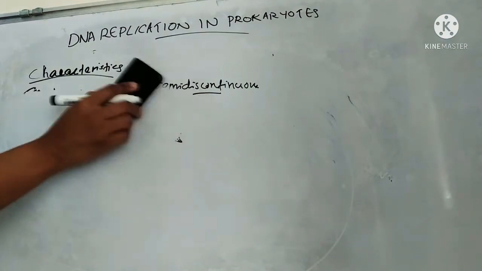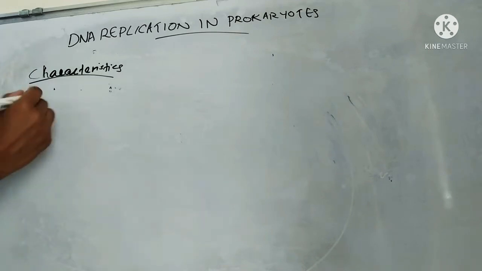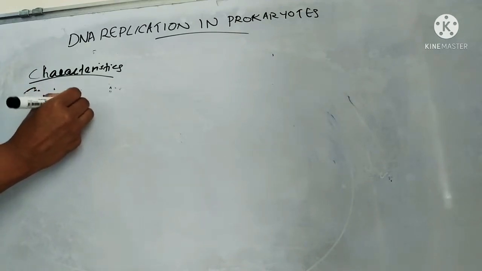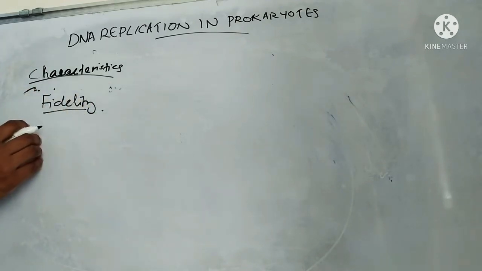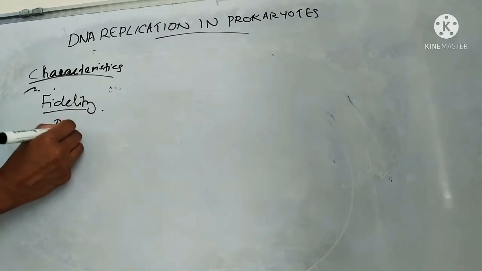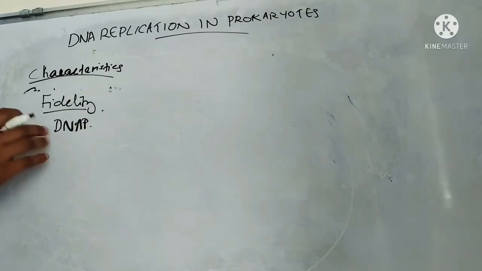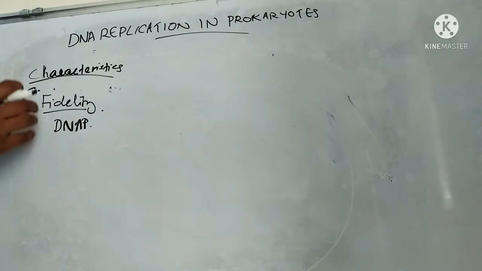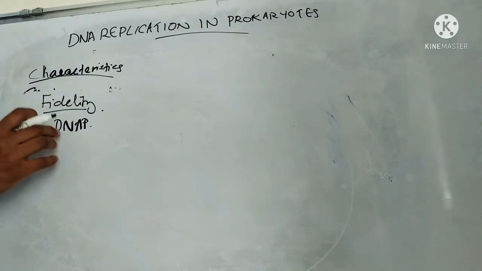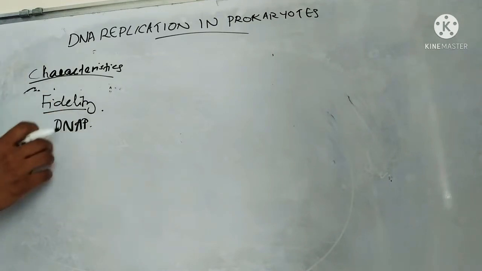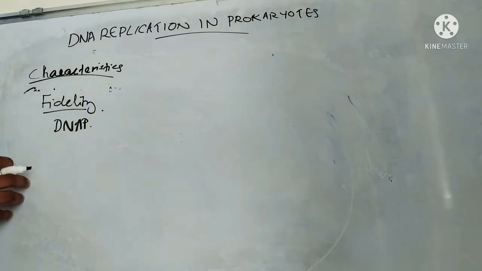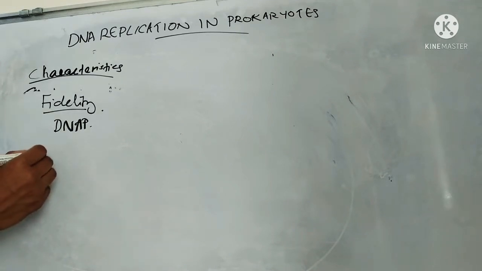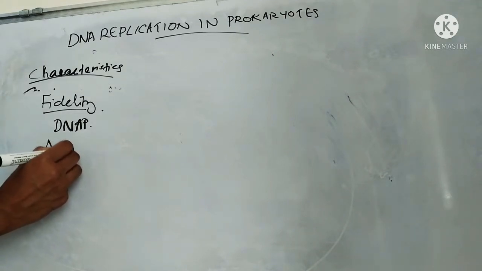The fourth feature is high fidelity. Fidelity means the ability of the enzyme DNA polymerase to correct errors in the newly synthesized DNA strand. The next feature is that DNA replication is extremely accurate.